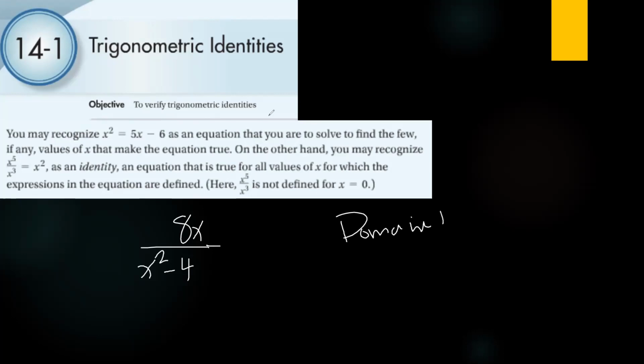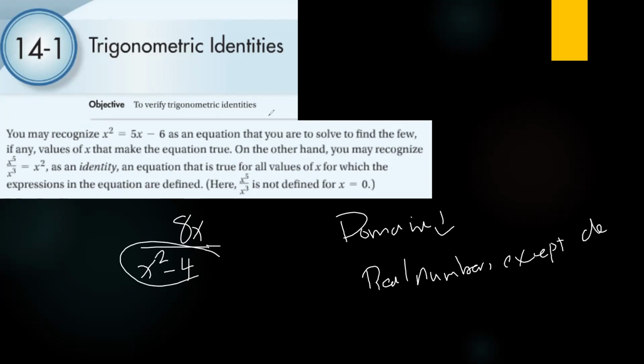You told me before that the domain will be all the real numbers except the zeros of the denominator. So it will be all the real numbers except 2 and negative 2.